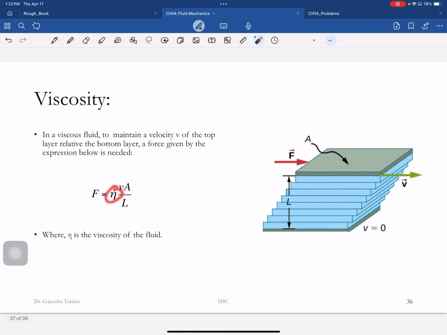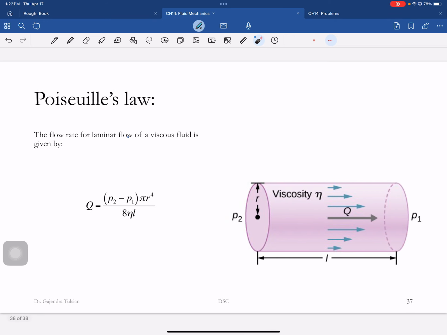Okay, that's the viscosity. And of course, this number for honey would be greater than for water. All right. So in automotive oils, do you want high viscosity or low viscosity?